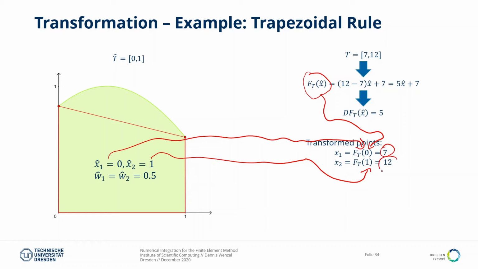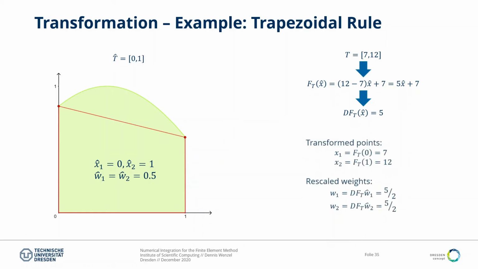So my quadrature points on the transformed interval are 7 and 12. And let's look at the weights. Well, the weights are simply given by multiplying this area scaling factor with the original weight. So I take this 5 here and take the 1/2 that I have from here, and that gives me 5 over 2.